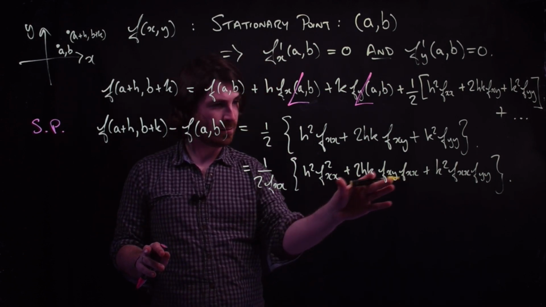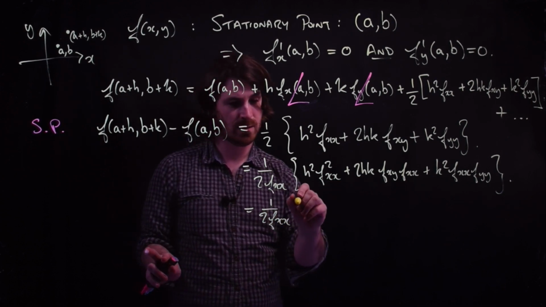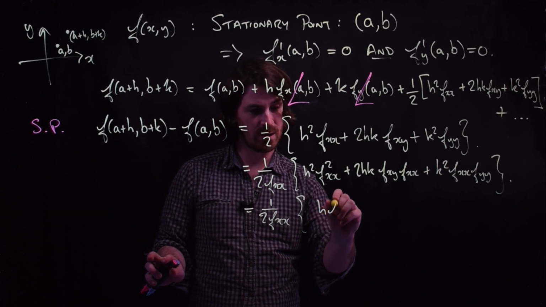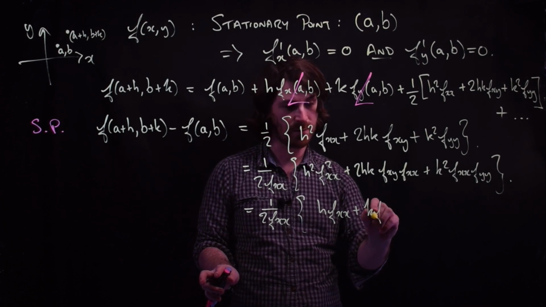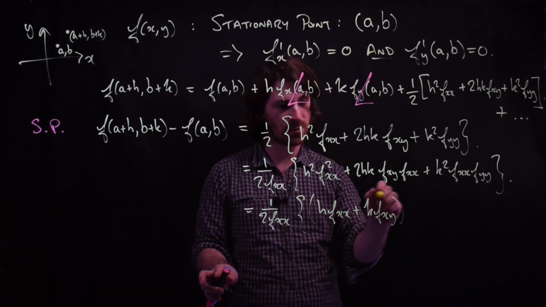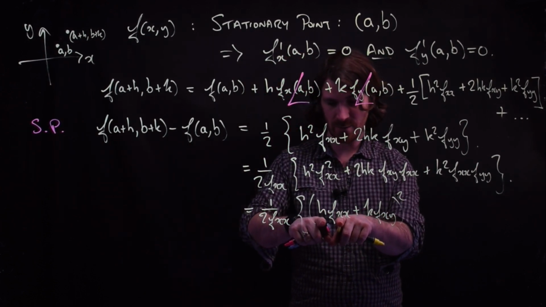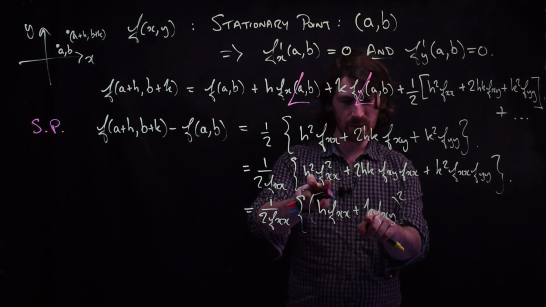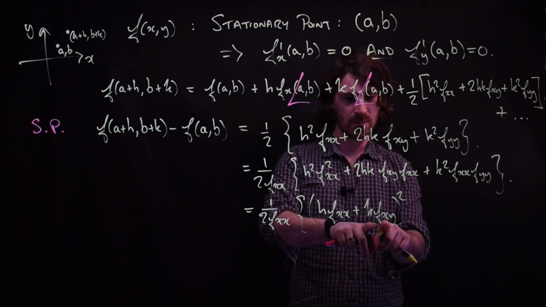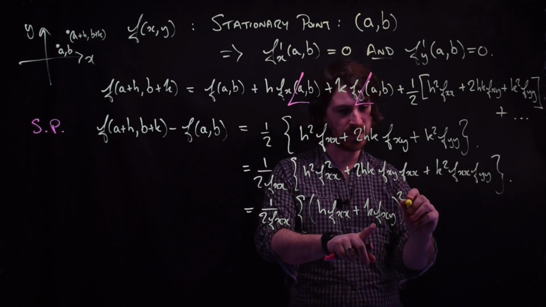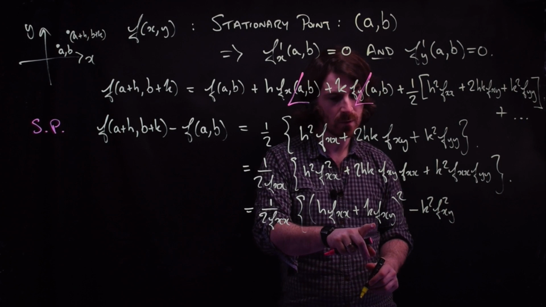We're going to write this as a square, so 1 over 2 f_xx, times h f_xx plus k f_xy, all squared. If we square this, we get h squared f_xx squared, that term. We get k squared f_xy squared, which we don't have above, so we need to take away k squared f_xy squared.